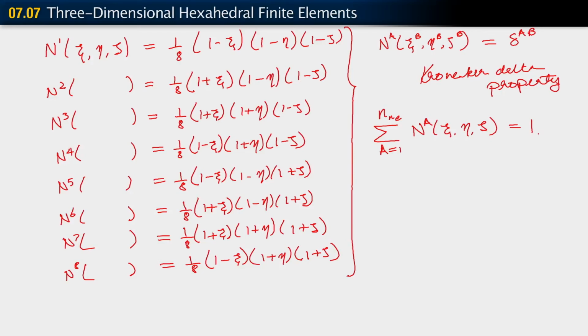The second property allows us to represent constants. The first property is the one that gives us the interpolation property of these Lagrange polynomial basis functions.